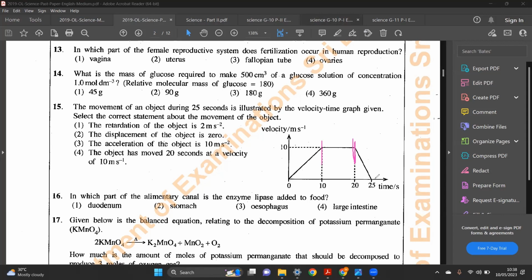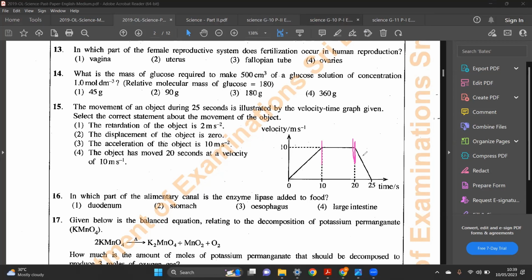And then finally, it slows down, decelerates, and comes back to 0. Okay, so this is the overall motion. So retardation is basically another word for deceleration or deacceleration. Different people use different words, but just make yourself familiar with all 3 because you never know which word you will be given.